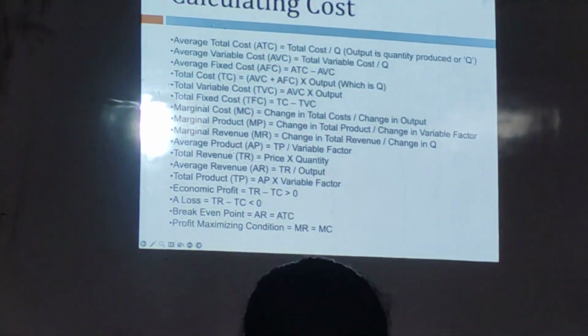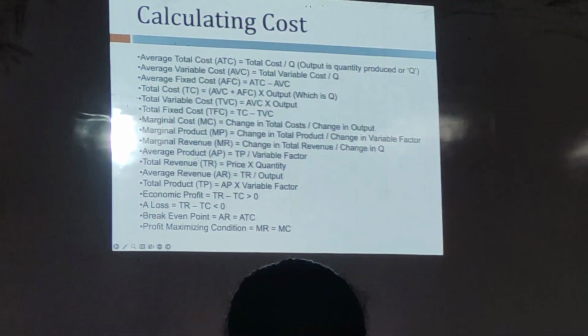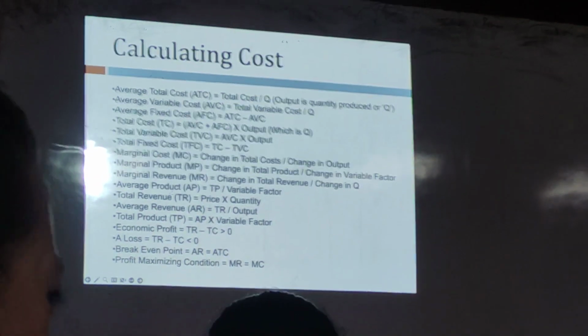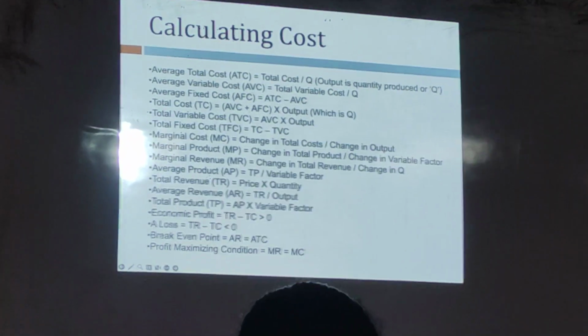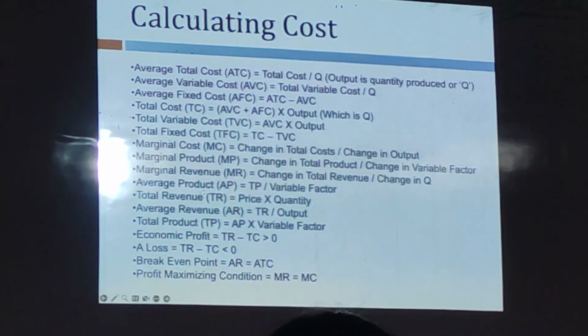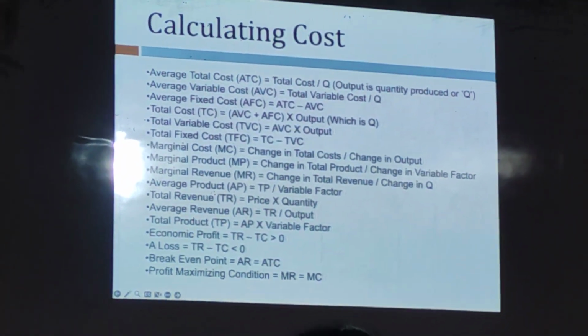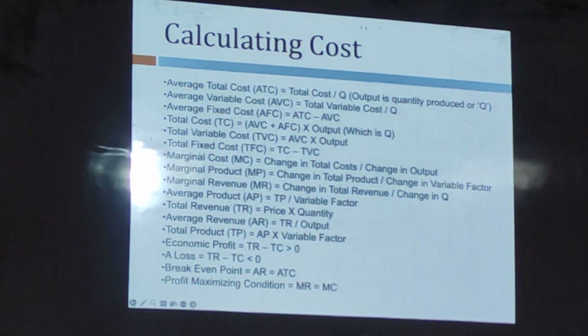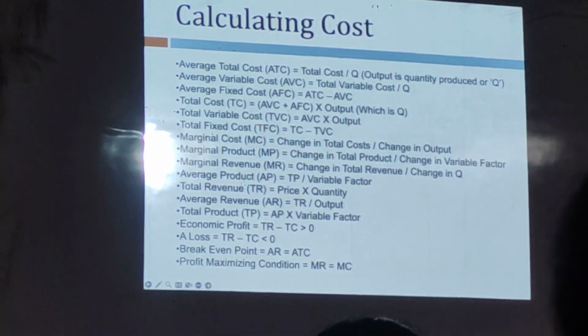Like the total fixed cost, you can come up with the total fixed cost, or you can get the total cost by just playing with the formula. You just have to transpose total fixed cost for it to be added with the total variable cost. Total cost is TFC plus total variable cost.